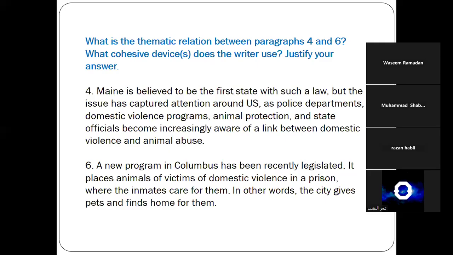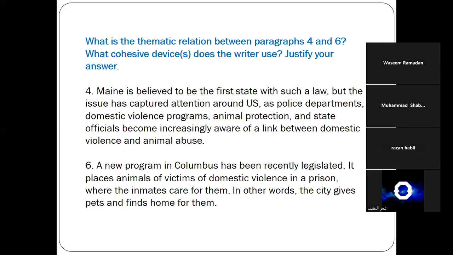Yes, Razan. Maine is believed to be the first state with such a law, but the issue has captured attention around the US as police departments, domestic violence programs, animal protection, and state officials become increasingly aware of a link between domestic violence and animal abuse. Okay, what about 6?